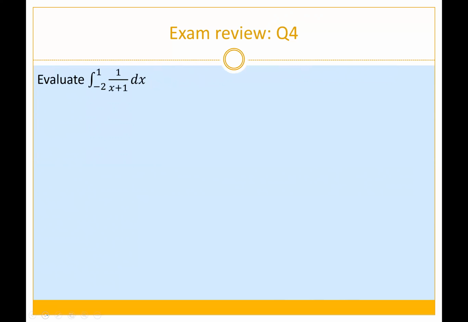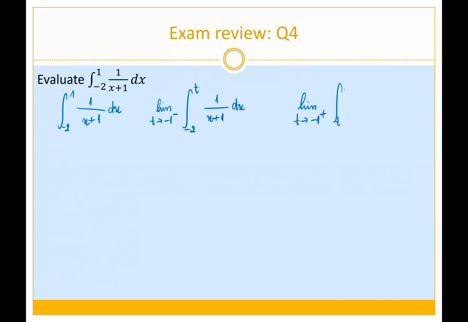So we're going to write this as the integral of 1 over x plus 1 dx, and we're trying to see if it's convergent by evaluating two smaller integrals. So you have the limit as t approaches -1 from the left of the integral from -2 to t of 1 over x plus 1 dx, and then the limit as t approaches -1 from the right of the integral from t to 1 of 1 over x plus 1 dx.